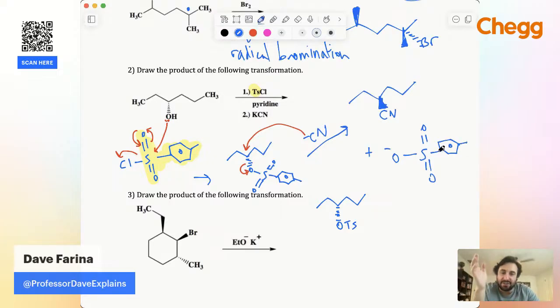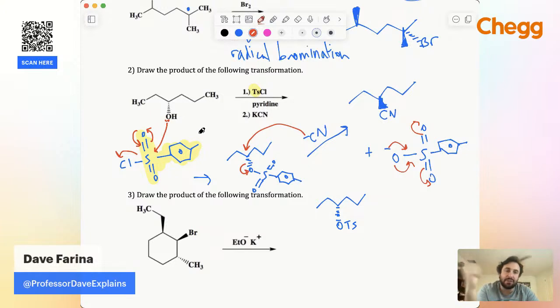And the reason this is now a good leaving group is look at all this resonance, right? We've got resonance over here. We've got resonance over here. We've got resonance all over the place. And the fact that there's all this resonance stabilizes that negative charge, right? We have a lot of resonance stabilization. So this O-tosyl is a good leaving group because of all this resonance stabilization that's not there for hydroxyl, right?